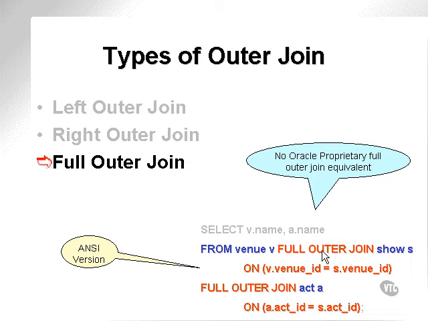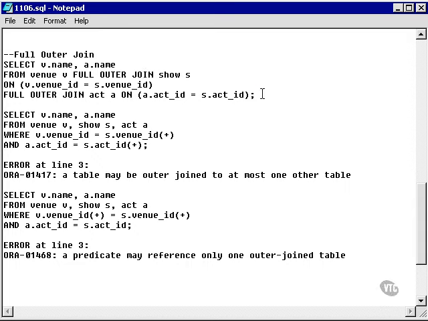Here we have a full outer join, in fact 2 full outer joins between 3 tables: the venue table, the show table, and the act table. Note how I've used the ON clause to force the use of the matching between venue ID and act ID within the different joins. Let's look at some examples.